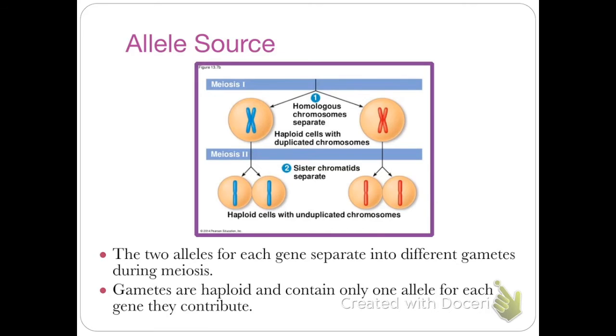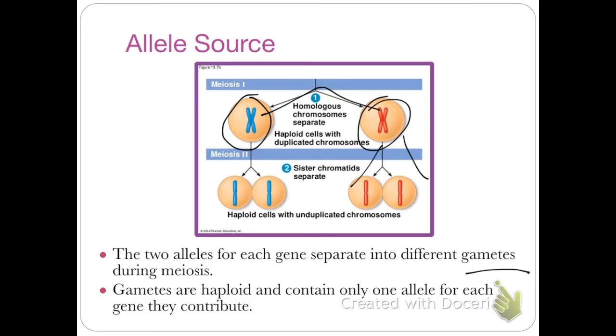So remember, during meiosis, we do have a reduction division in meiosis 1 that separates these homologous chromosomes. And so now there's just one allele here, one allele here, and then of course sister chromosomes again get separated. But this happens during the production of gametes, which are sex cells, and they are the inheritable cells from the parents.